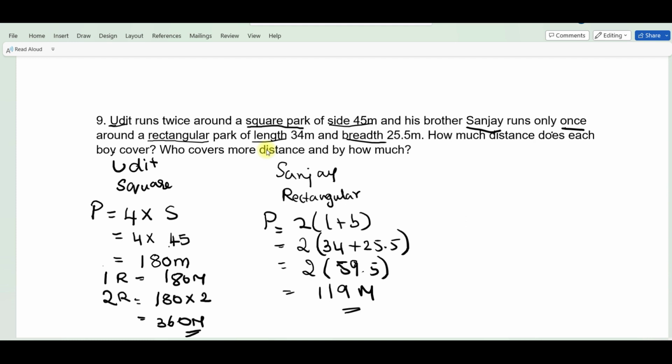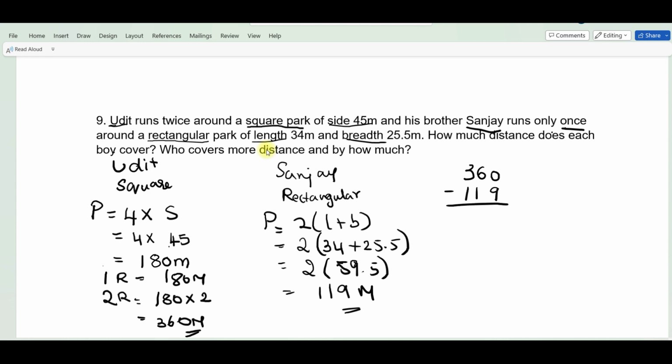By looking at it, we will always know that Udit is covering more distance because it is 360 and Sanjay is covering 119. So Udit is covering more distance than Sanjay. And by how much? If you have to calculate by how much, we will only have to take the difference of 360 minus 119.